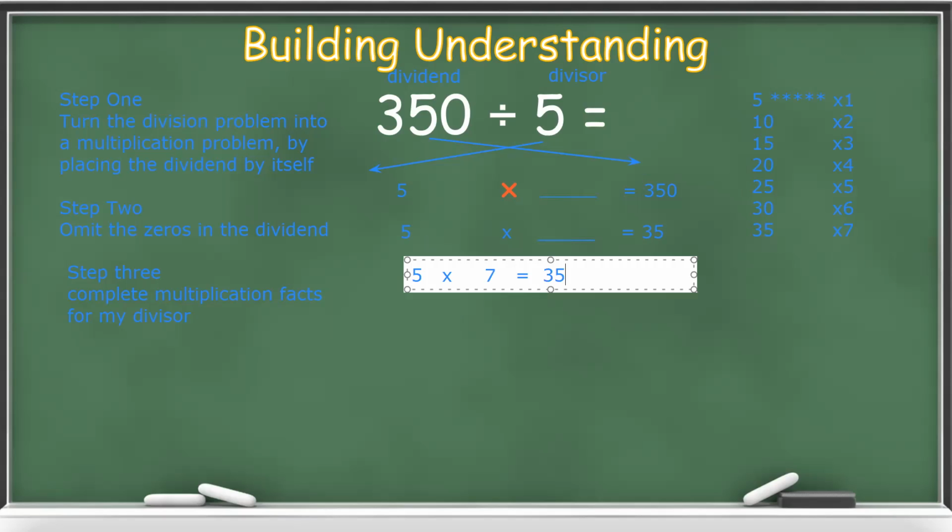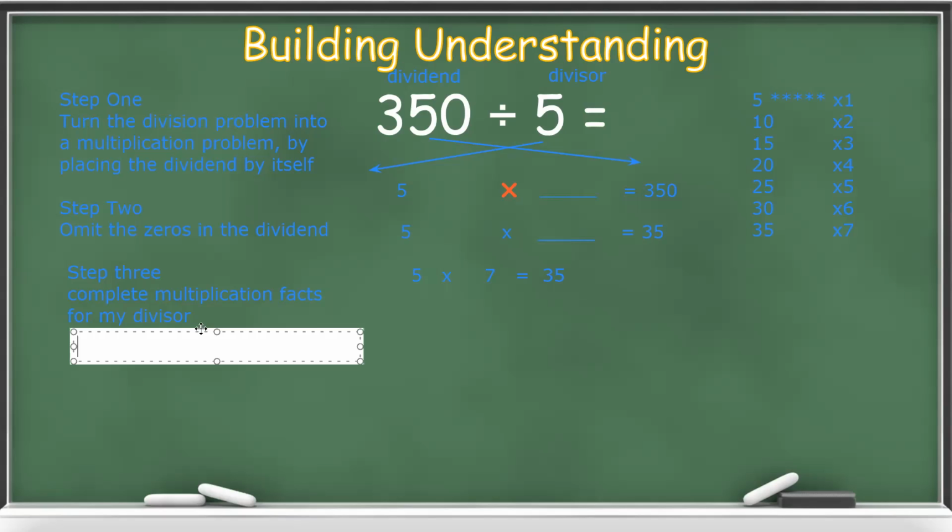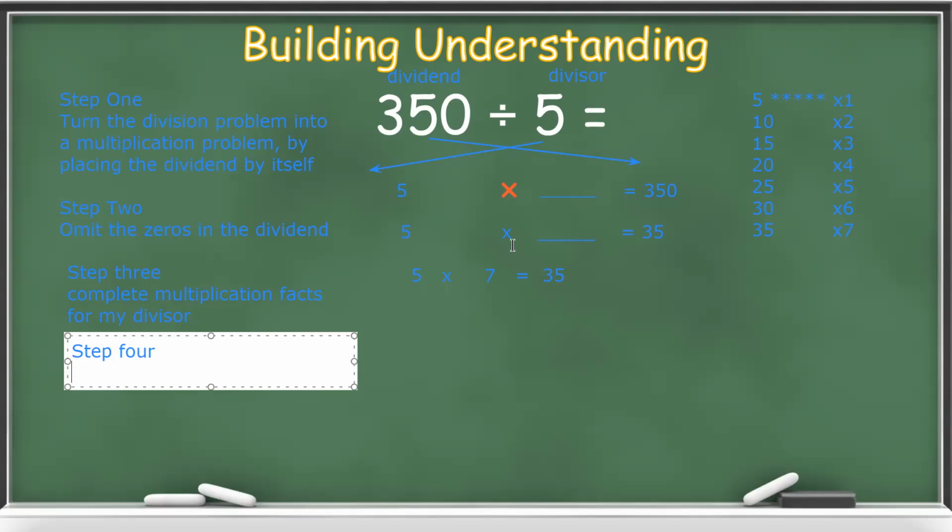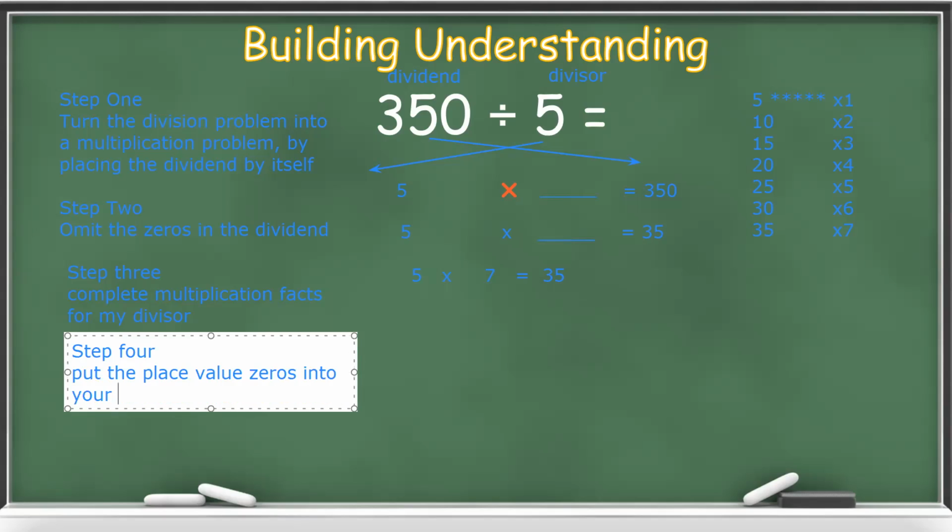And now my final step in building an understanding here, step 4: put the place value zeros into your answer. So I had 1 place value 0 here.